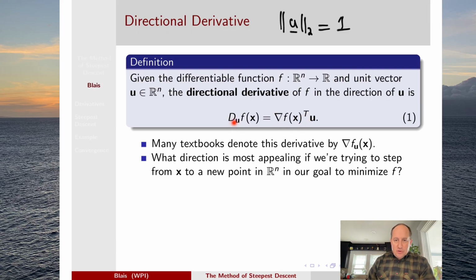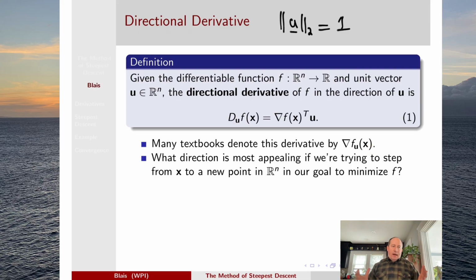So the way we read this is the derivative of f of x in the direction of u is the gradient of f transpose u, or remember, written this way, this is the dot product of the gradient of f of x and u. Many textbooks will also denote this instead of this d sub u as this, gradient of f sub u, to say it's the directional derivative of f in the direction of u at x.